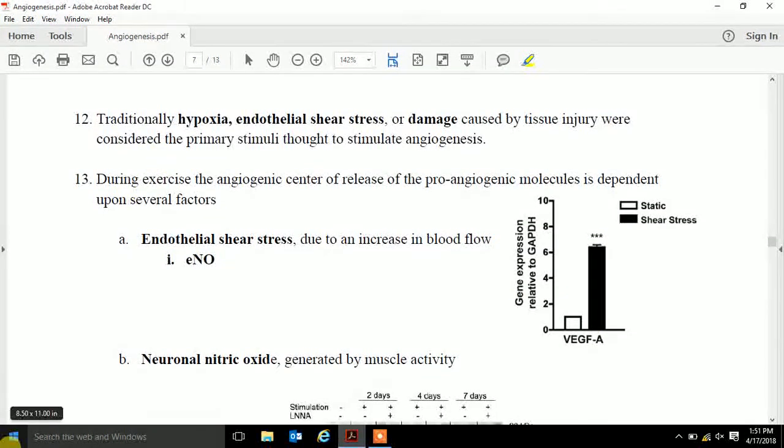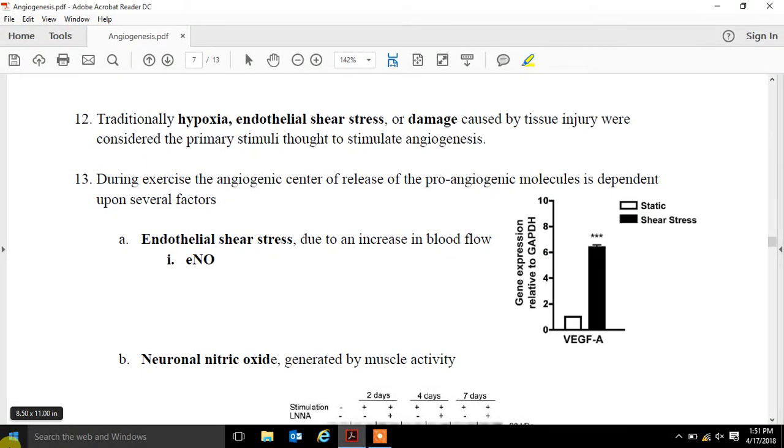So the signals for this, traditionally hypoxia, endothelial shear stress, or damage caused by some form of tissue injury, were considered the primary stimuli to stimulate angiogenesis. So if you look at the 10 to 20 to 30-year-old literature, those are the primary drivers.